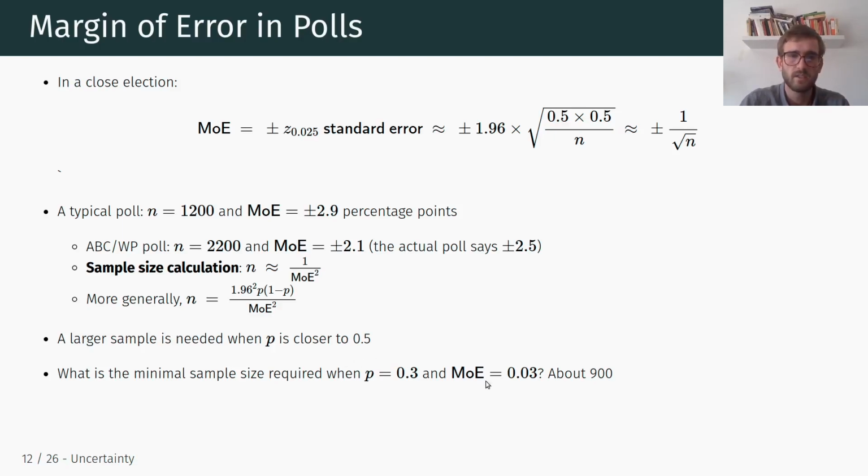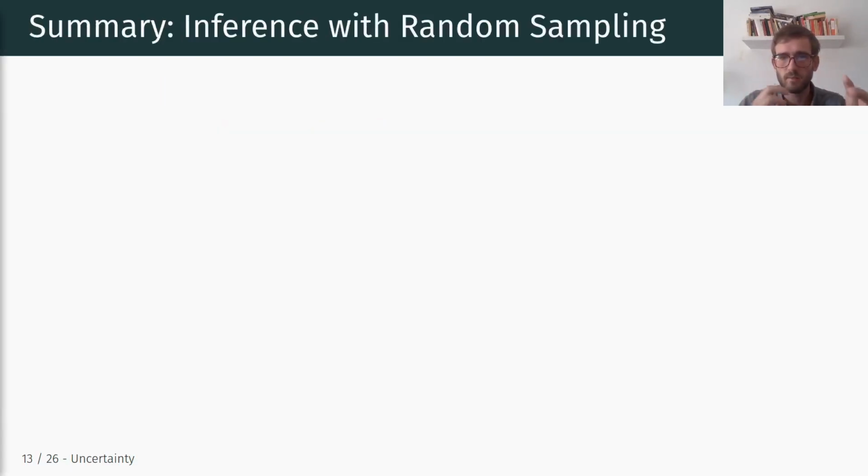So this is one example where, with elections that are not so close, you can achieve a much smaller margin of error with a much smaller sample size. This is just one illustrative example to make that point. So this is how the margin of error in polls is related to our confidence interval argument. I think I'm going to take a quick break here, and in the next video I'm going to give a quick summary of inference with random sampling.